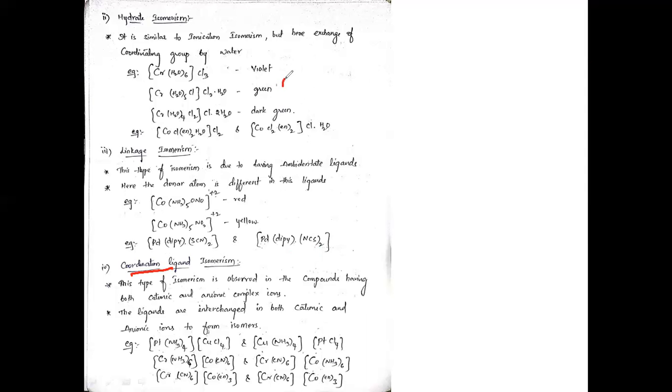So I will take one example, that is platinum NH3 taken 4 and CuCl4. So you can check here. So this is one particular complex, and I will write it out so you can easily understand.